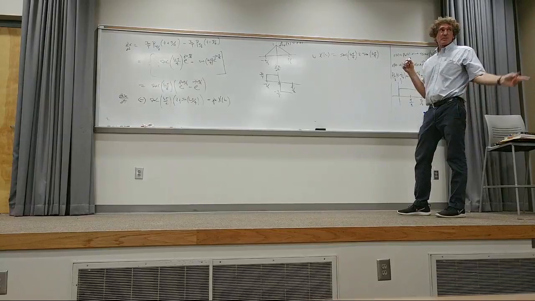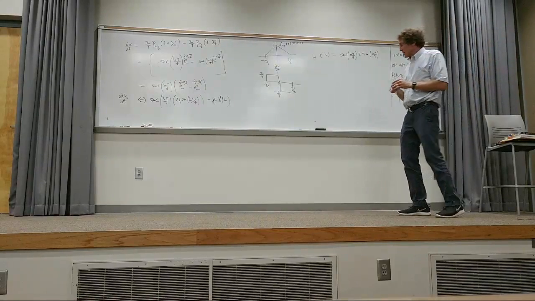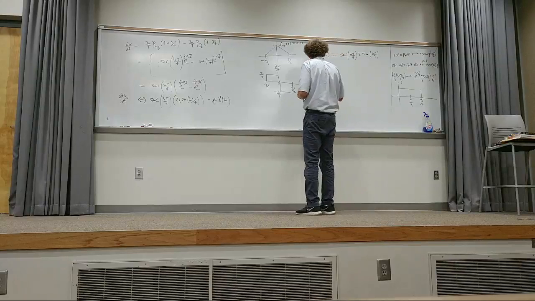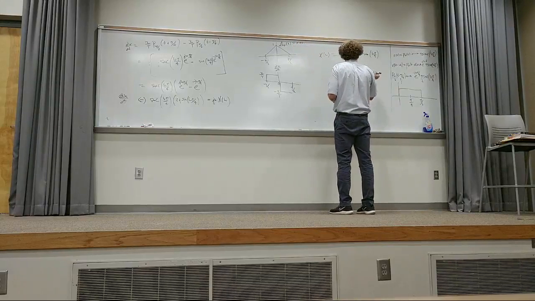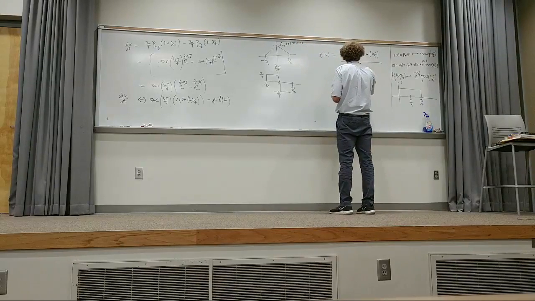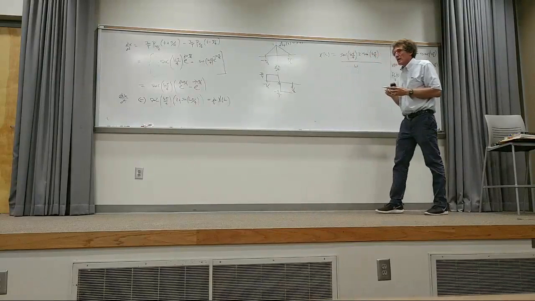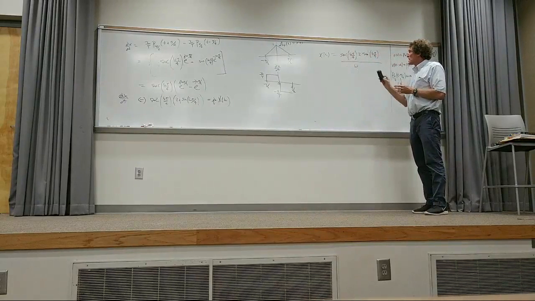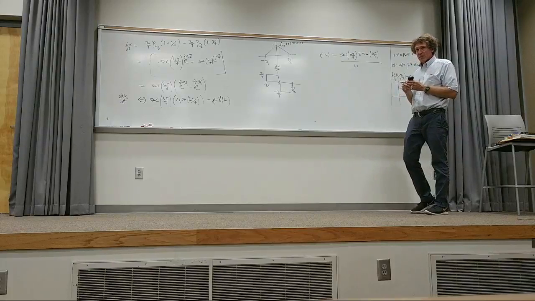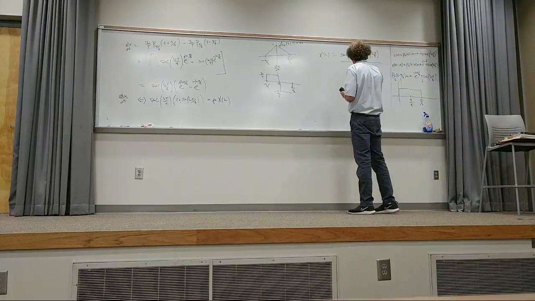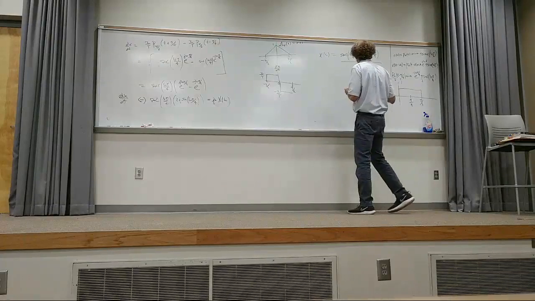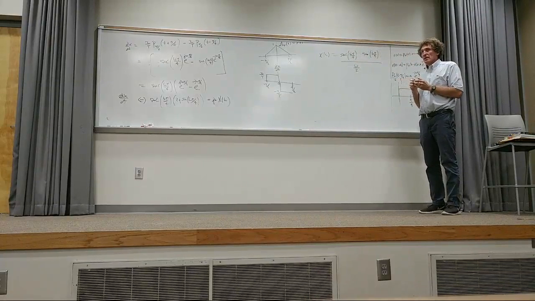Now, the next step is divide both sides by omega. When I do that, I get this. Then I can take the 2, divide top and bottom by 2, and now I got that, right? Then I have to divide top and bottom by 2 again.